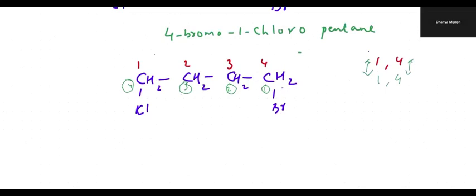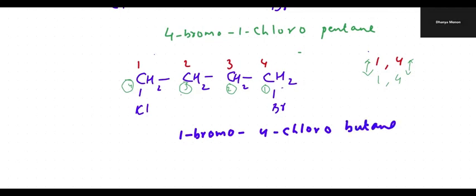So in this case, 1-bromo, 4-chloro, butane. Why? Because the first point of difference is the same in both cases. We are getting the same positions from both sides. Right? I hope it is clear.